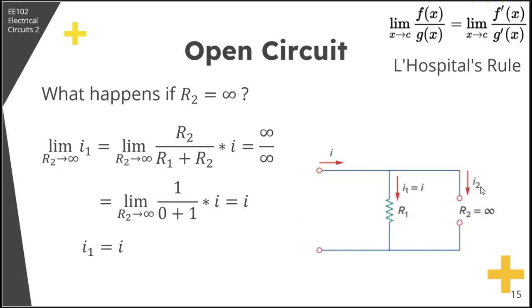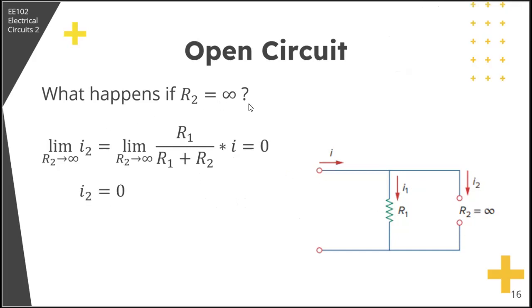What about I2? Again, since we are dealing with infinity, we use the concept of limits. The limit of I2 as R2 approaches infinity becomes the limit of R1 over R1 plus R2 times I. R2 is infinity, a very big number, while R1 is not infinity. So it is a number divided by a very large value, so it is almost 0, or it approaches 0.